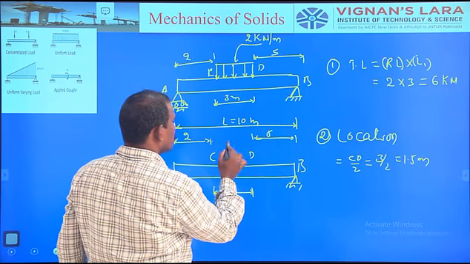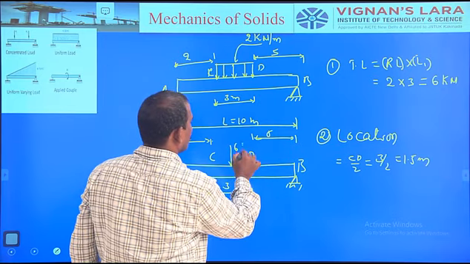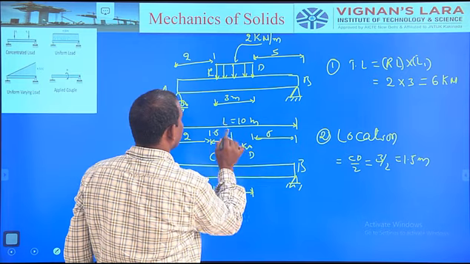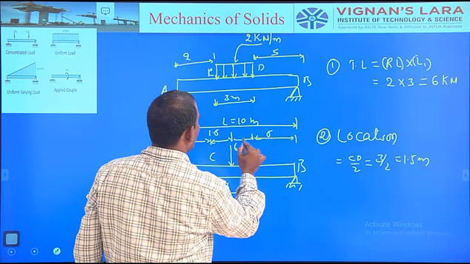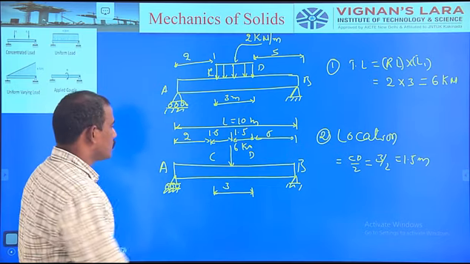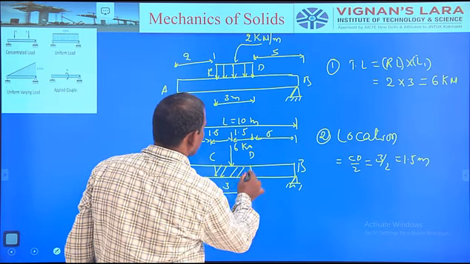Simply, the 6 kilonewtons is at a distance of 1.5 meters from C and 1.5 meters from D. So just concentrate on the hatching portion.